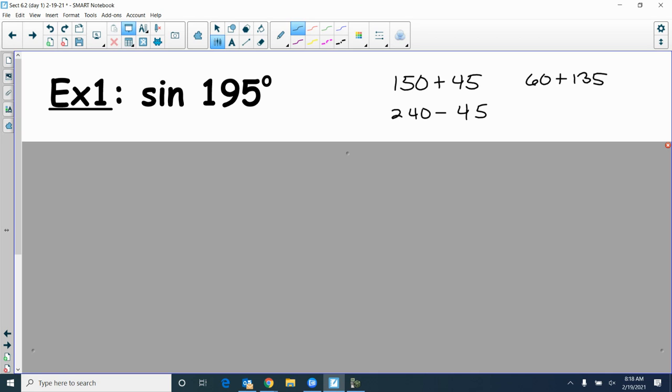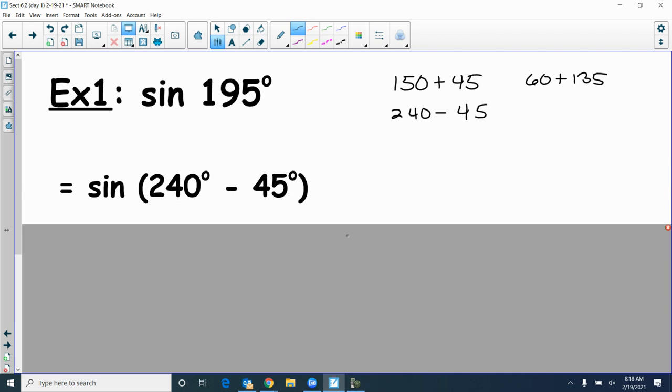So you can have different combinations. It just depends on what you pick. You've got to come up with the same answer. Well, I did 240 minus 45, just so that we do a difference formula.